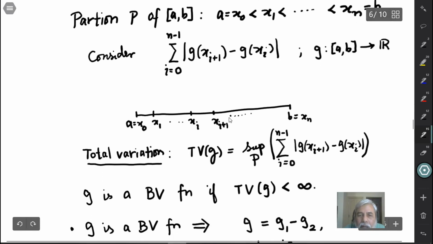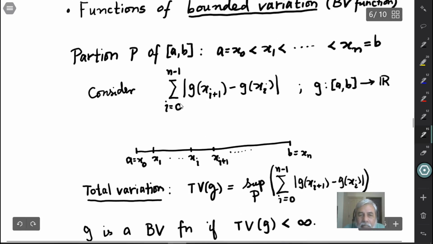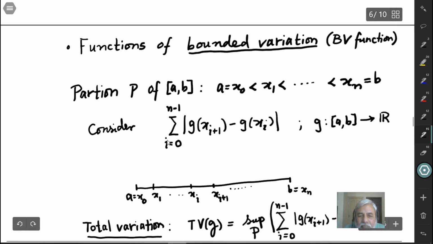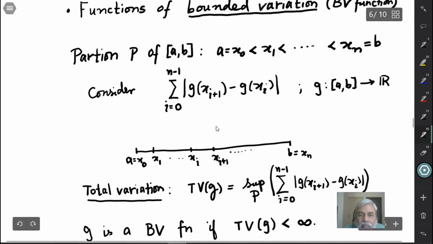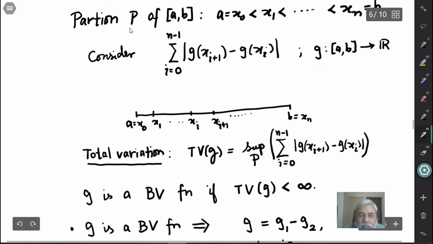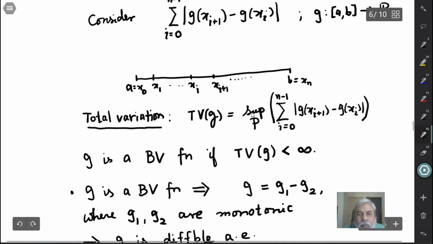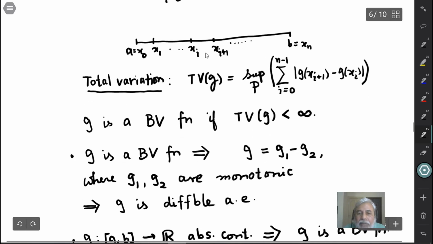For any function, certainly this is a finite quantity, but what we want is to take the sum over all the partitions and take the supremum over all the partitions, and if that is finite, then we call g a BV function, and this is called the total variation of g.